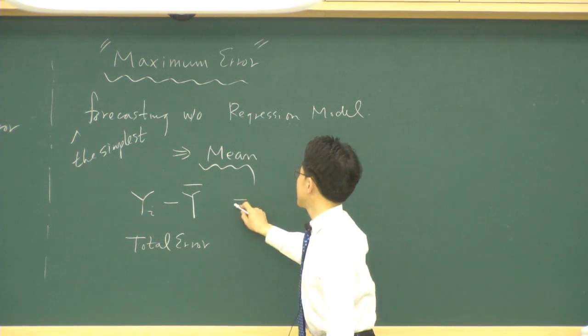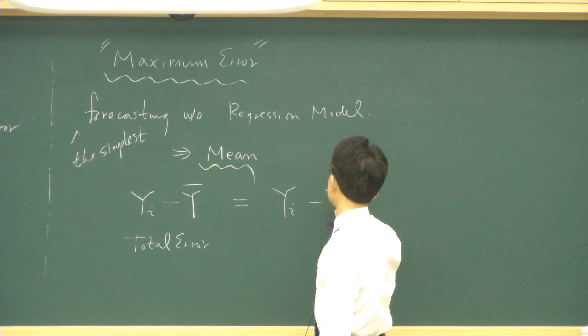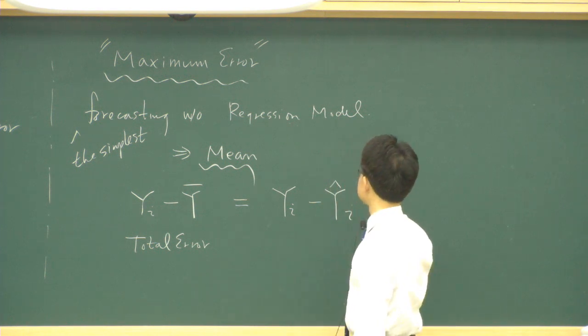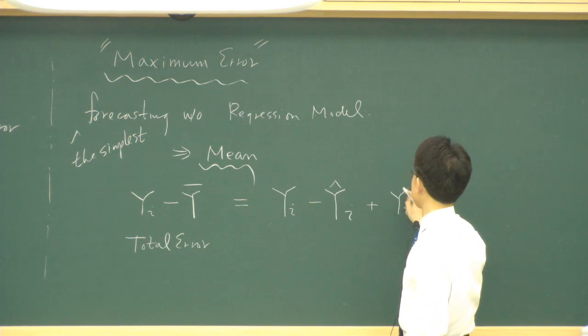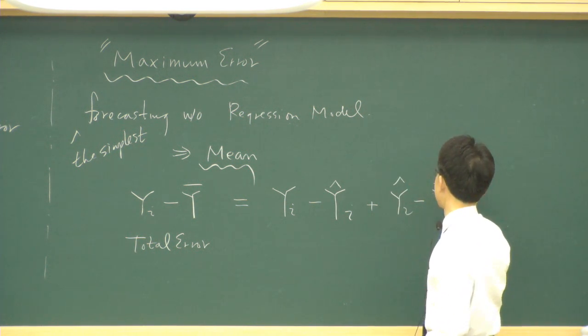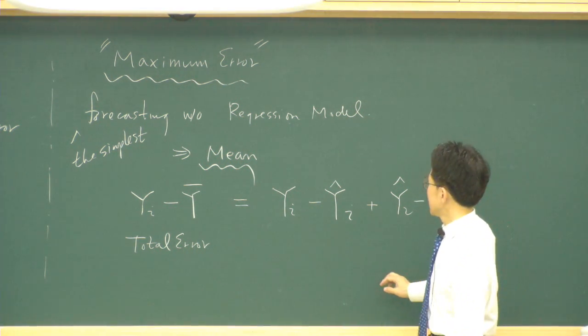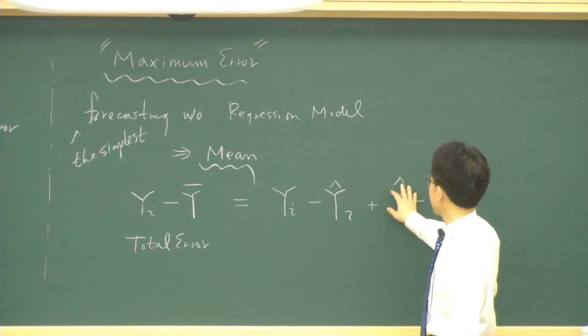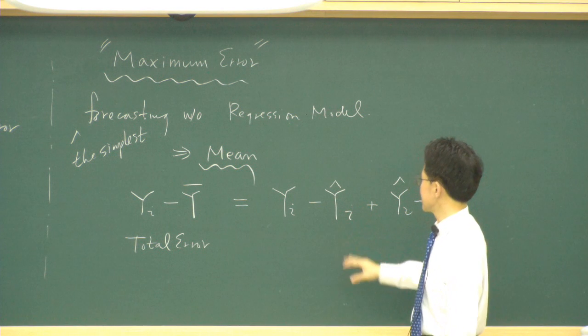Then I will decompose this relationship like this. yi minus y hat i plus yi hat minus y bar. That's just a simple, equivalent formula, because I just add yi hat minus yi hat, so nothing changes.